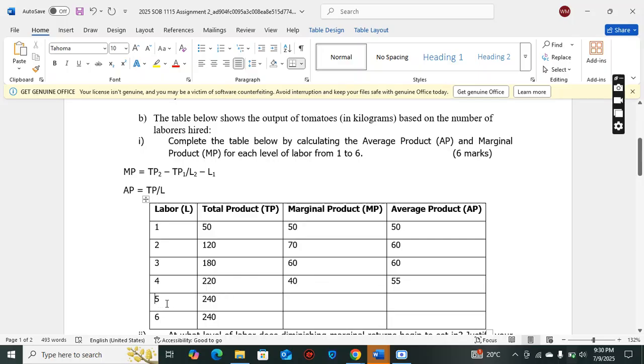Right. Then we hire the fifth worker. Output increases to 240. So 240 minus 220, that is 20. Then average product, 240 divided by 5, 48.